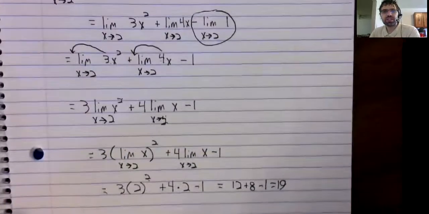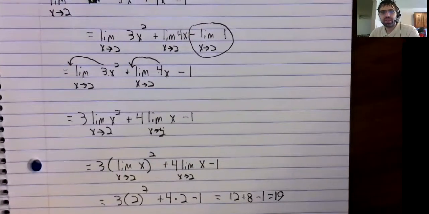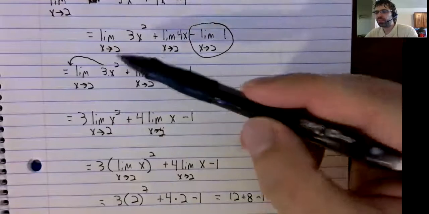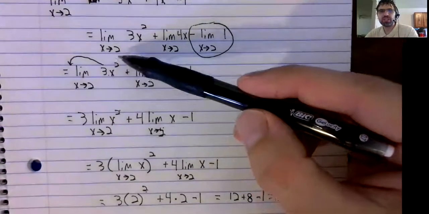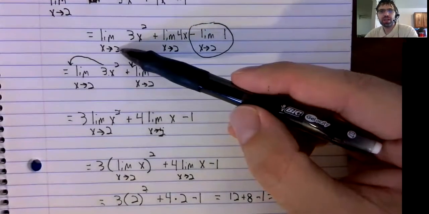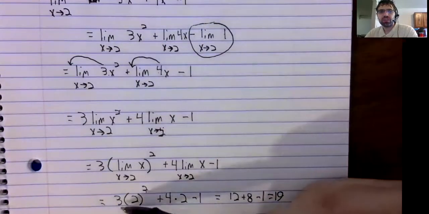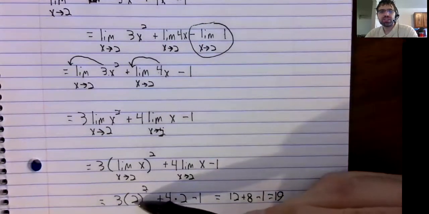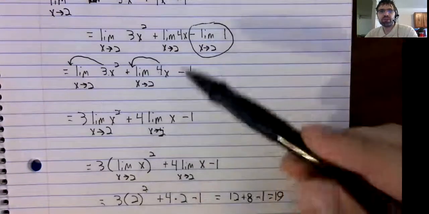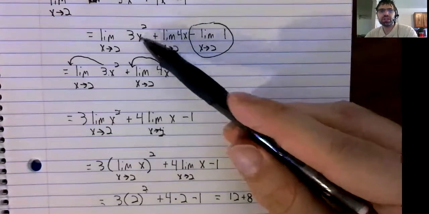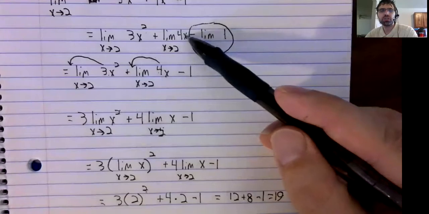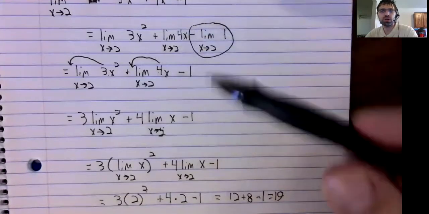So notice we're taking the limit as x approaches 2 of this, and ultimately, what is this limit? It's gotten by putting a 2 here and a 2 here.